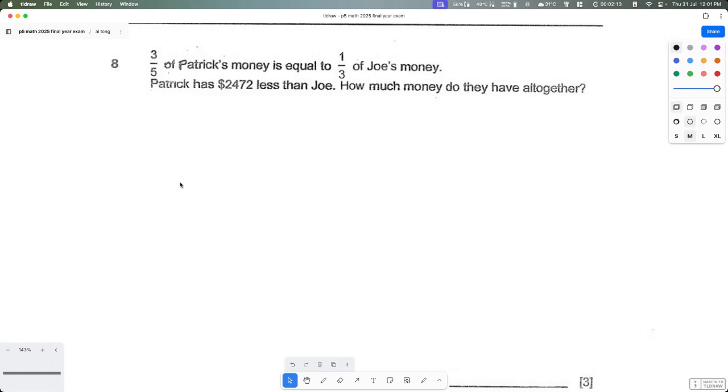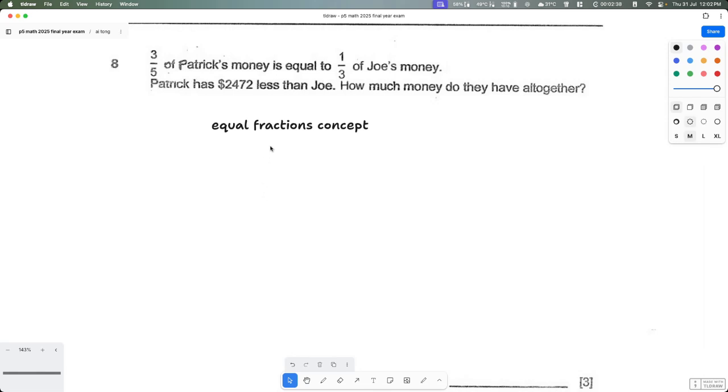Alright, let's move on to question 8. 3/5 of Patrick's money is equal to 1/3 of Joe's money. Patrick has $2,472 less than Joe. How much money do they have all together? In this case, we have this concept called the equal fractions concept.